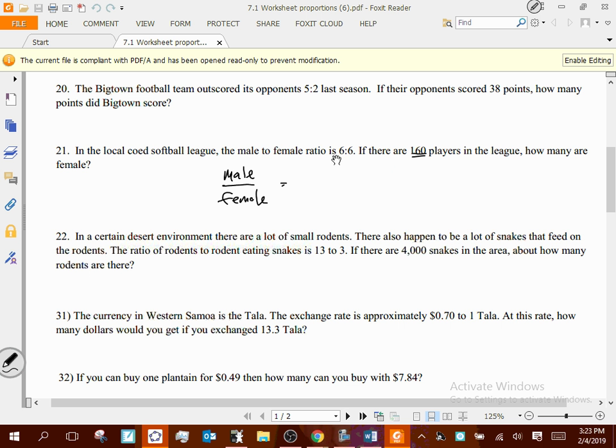What I would do in this one is, if there are male and female, I have the ability of saying female compared to total population. So when they give me 6/6, that means there's 6 females for every 12 people.